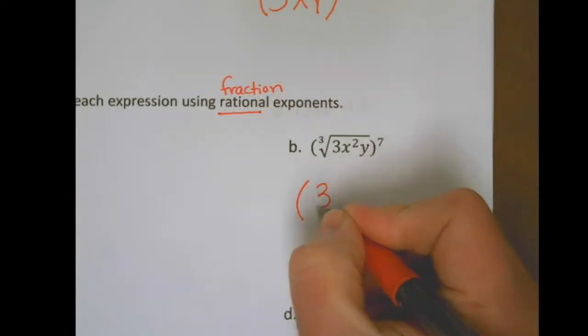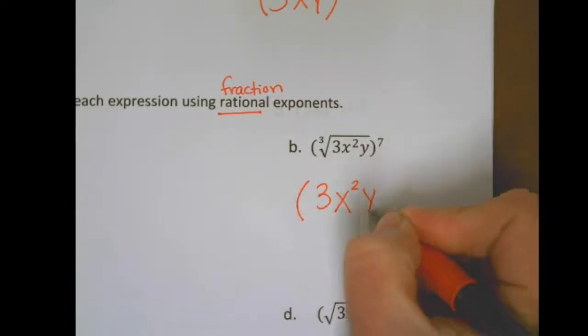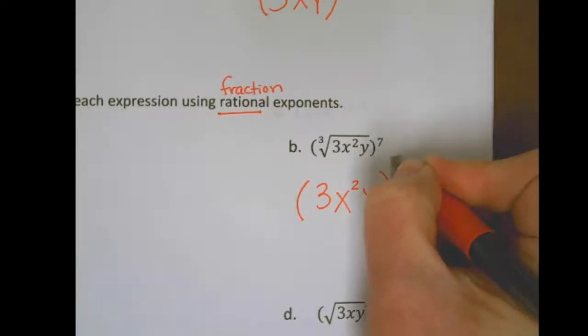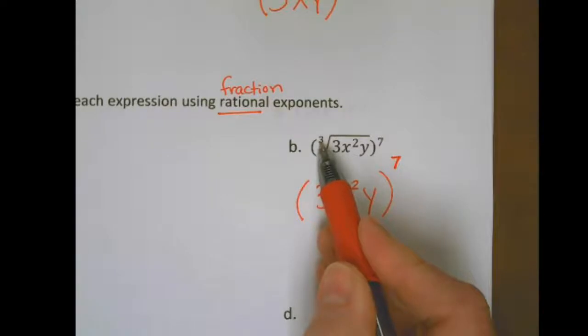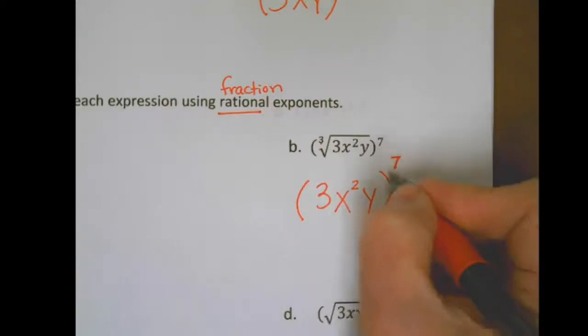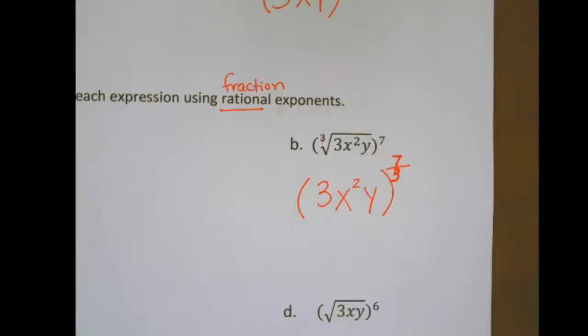This is going to be 3x squared y to the 7th power, and then the 3 index becomes a denominator on my exponent. And then we're going to get to solve something like that. Won't it be so fun?